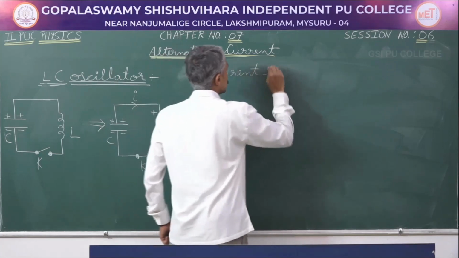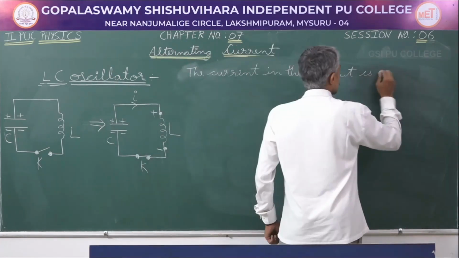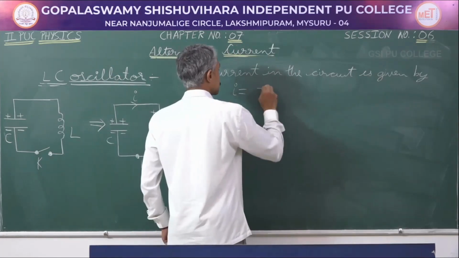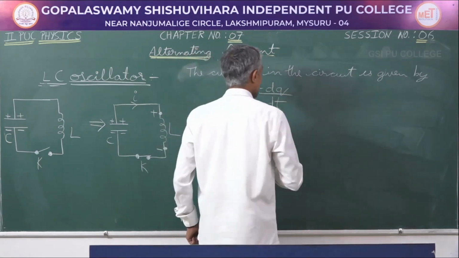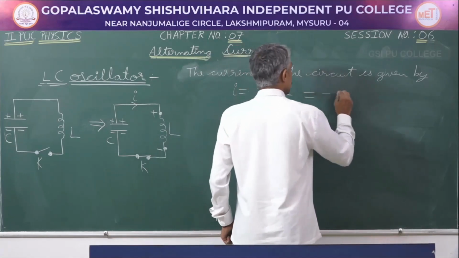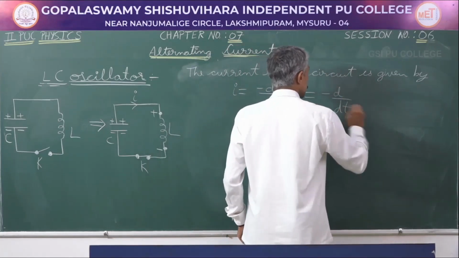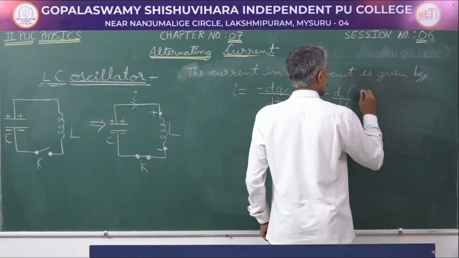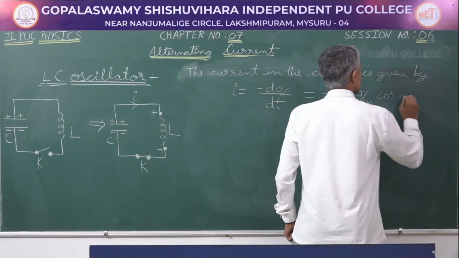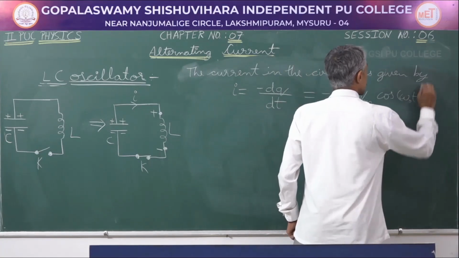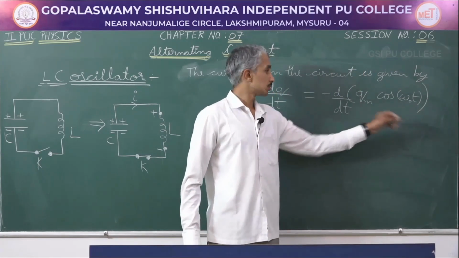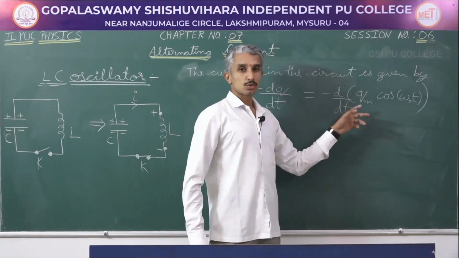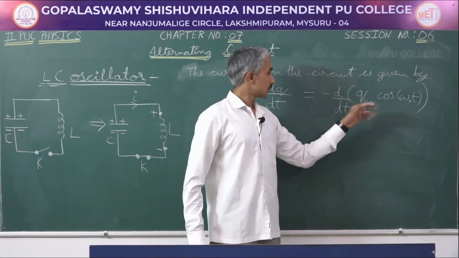The current in the circuit is given by I is equal to minus dq by dt, which implies it is minus of d by dt of q_m cos omega naught t. Differentiation of cos omega naught t gives minus omega naught into sin omega naught t.